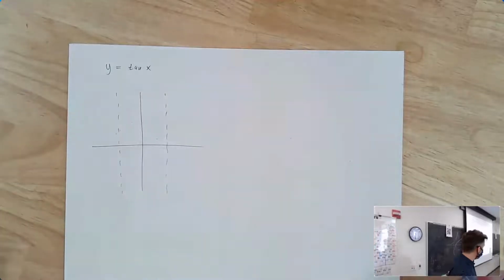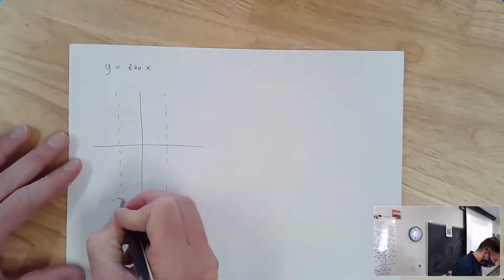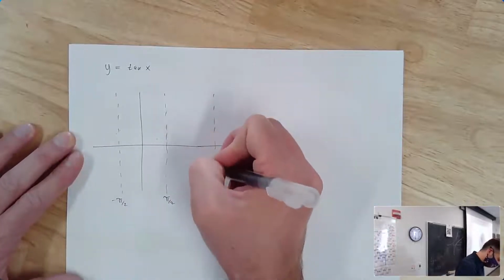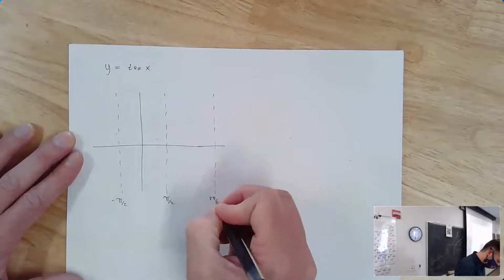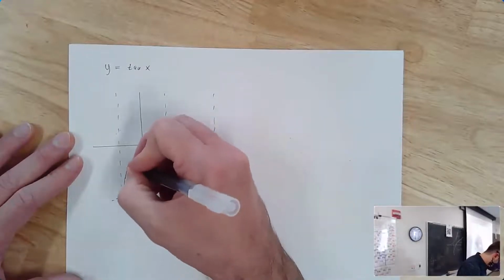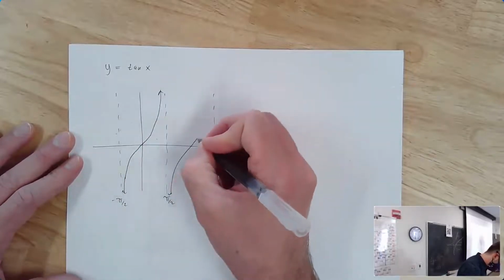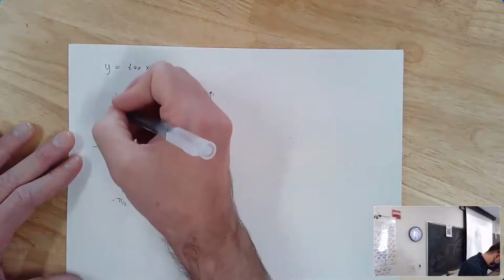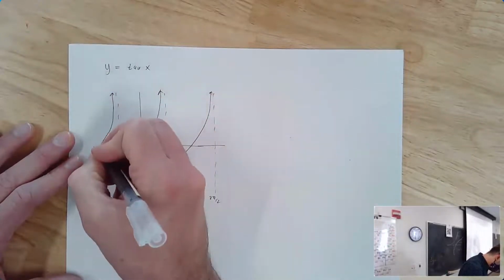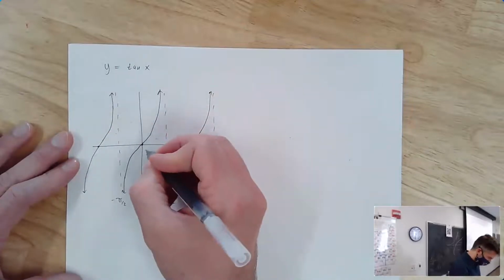It's actually got an infinite number of vertical asymptotes, all spaced pi apart from each other. So there's another one over here, like 3 pi over 2. And tangent looks like this, and it has intercepts every pi.